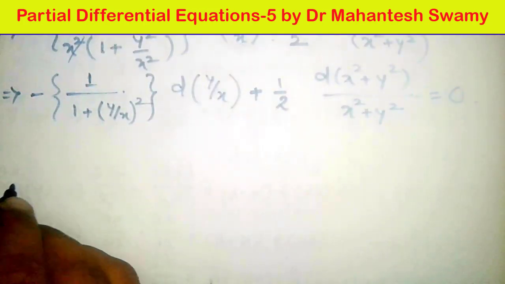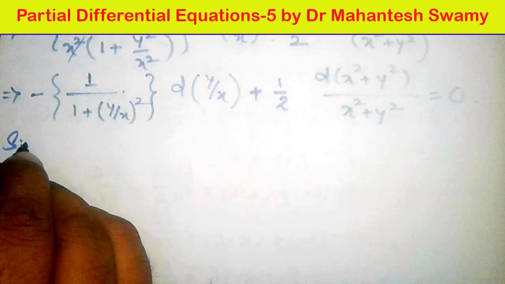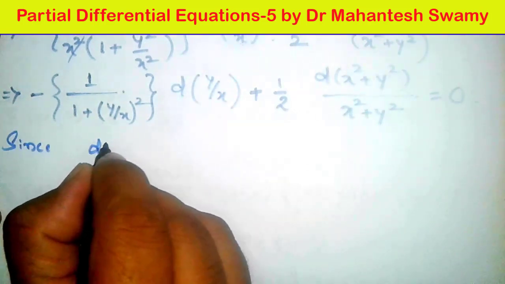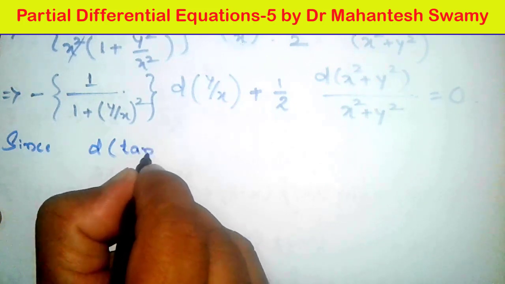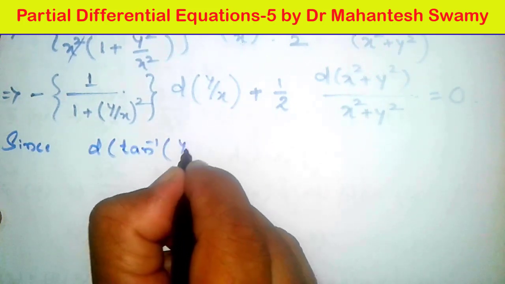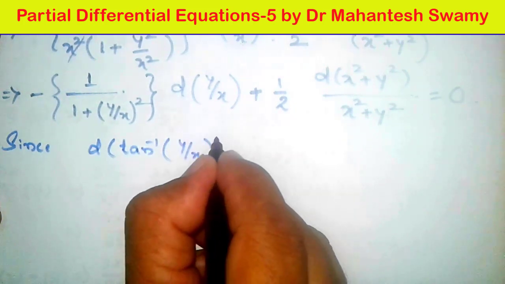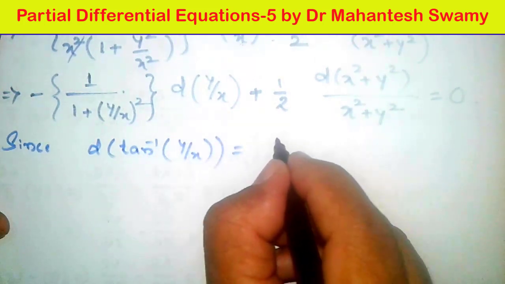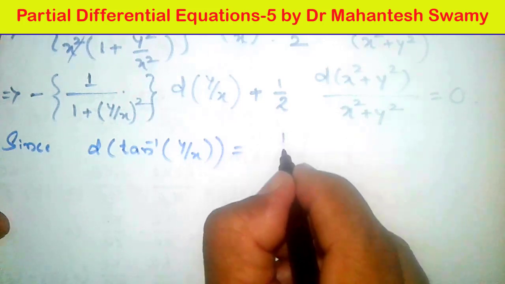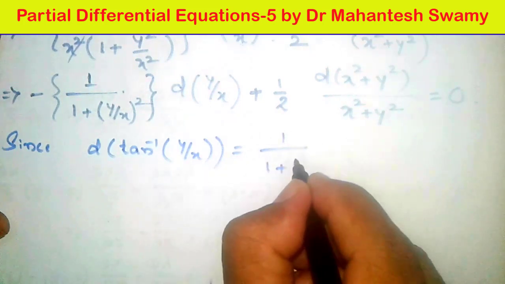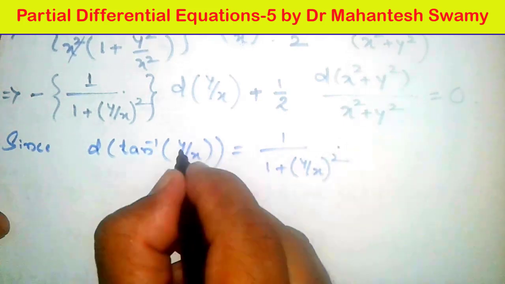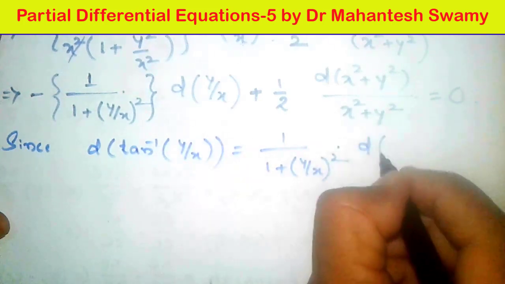We know one important thing: the differentiation of tan inverse of y by x is 1 divided by 1 plus y by x whole square into the differentiation of y by x.